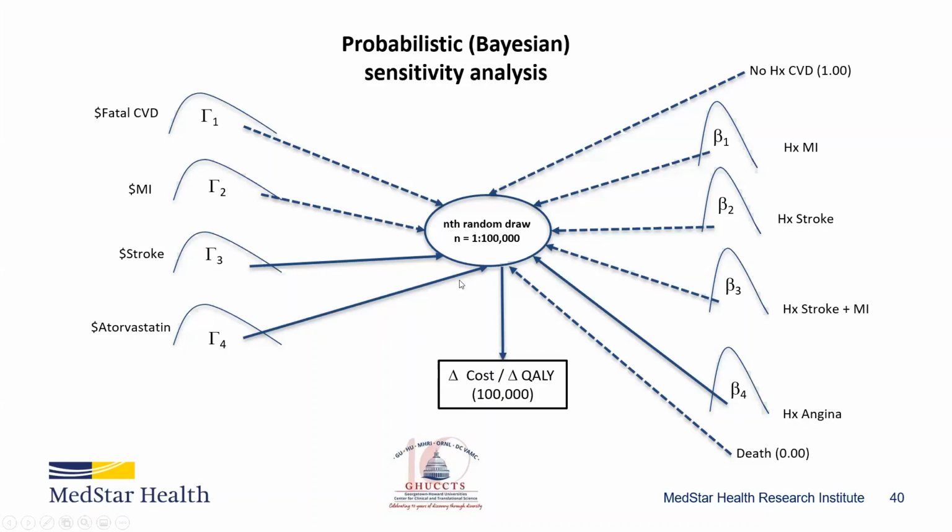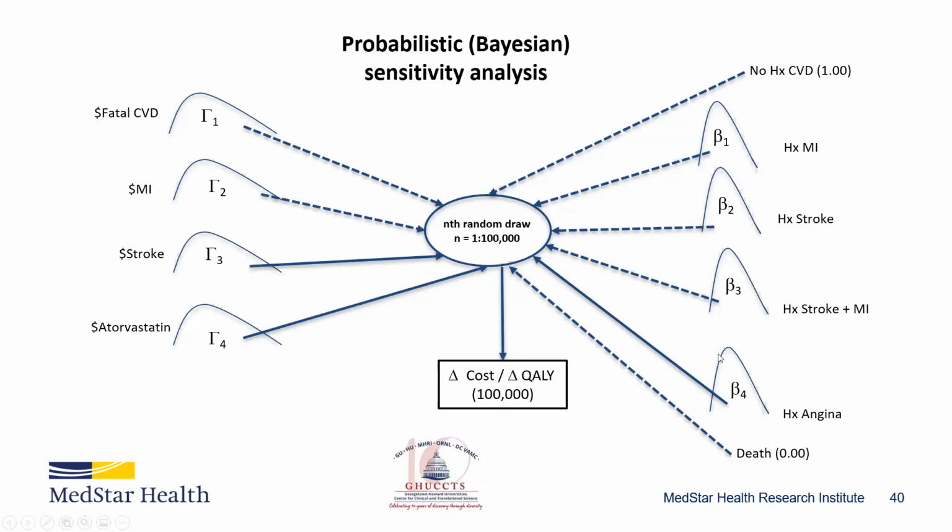And then over on the right side here, I've plotted the distributions for utility. So if a person has a history of MI, a history of stroke, or these other possibilities.